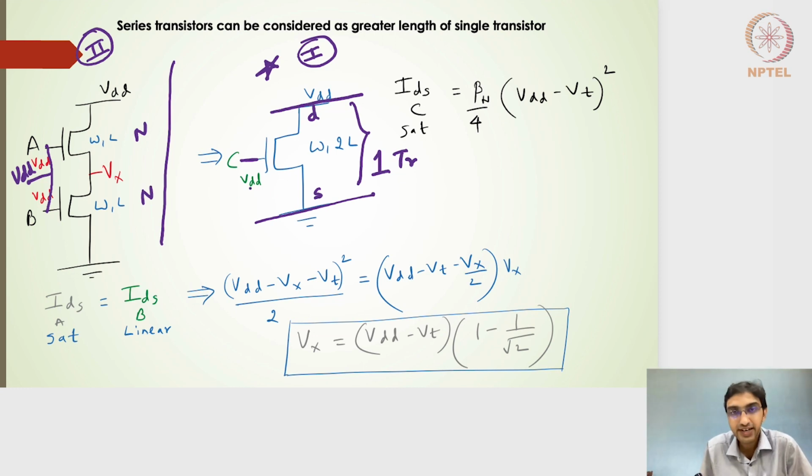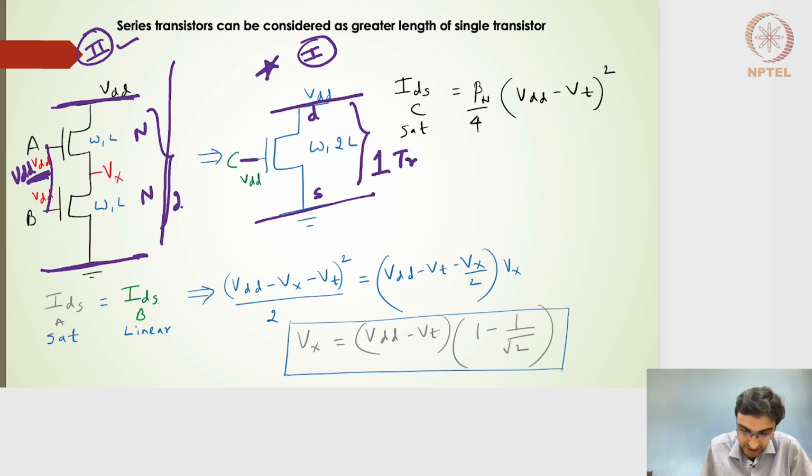The two rails have one transistor in the configuration. The rails are VDD and 0 rails. Similarly, in the second configuration, we have two rails, VDD and ground. The input is VDD and the rails are VDD and ground. And here we have two transistors, 2 TR. Right, so two configurations are there.